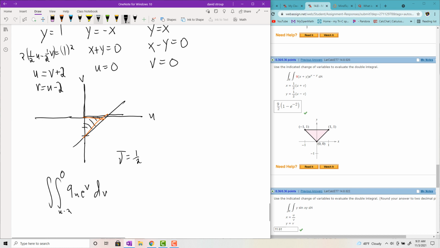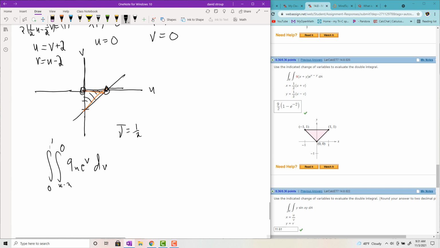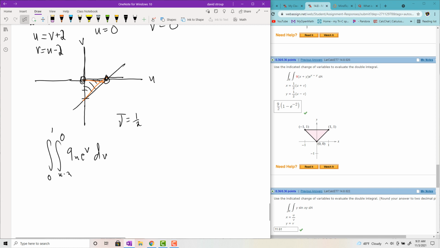And then I'm going point to point on the u-axis. So I'm going from u equals 0 to u equals this point, the intersection. So that's u equals 0 to u equals 1. And I forgot my Jacobian is in there as well, so I just put 9 over 2, if you don't mind. Alrighty then, let's go at it.